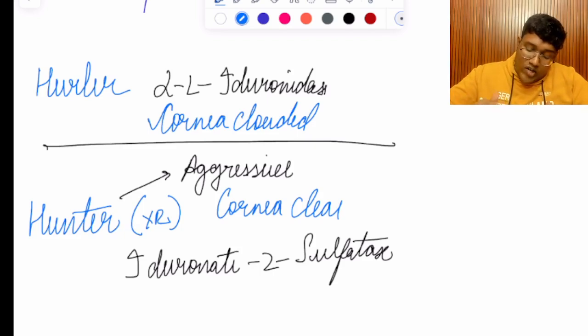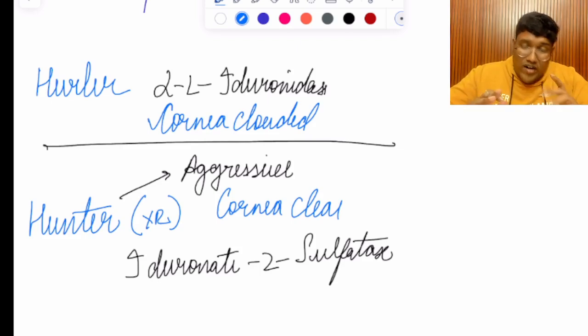And iduronate 2-sulfatase, just like arylsulfatase for metachromatic leukodystrophy, which I didn't discuss because there's nothing much they would ask you besides what is the enzyme involved in metachromatic leukodystrophy. Other than that nobody will ask you anything. But iduronate 2-sulfatase is Hunters.